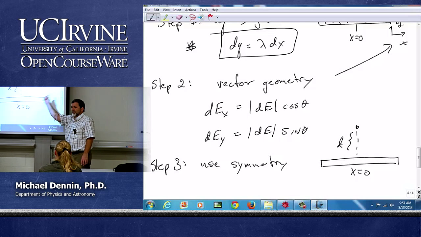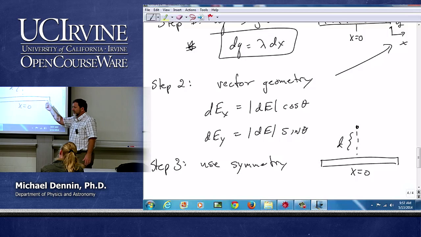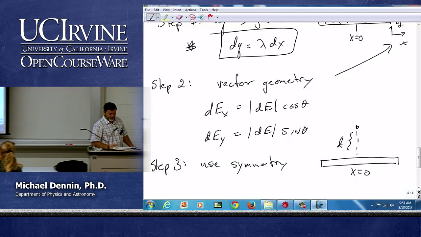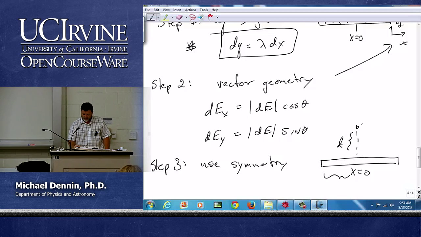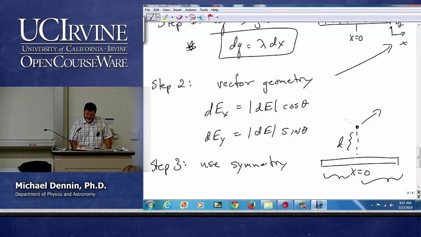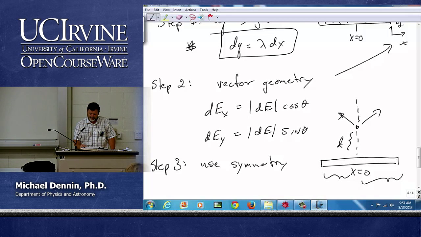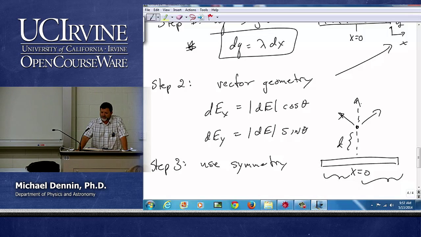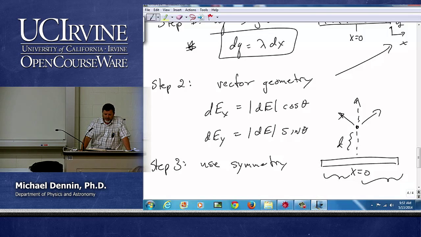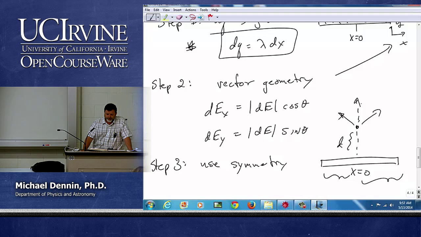It's going to be in the y direction, right? Because the x ones are going to cancel each other. Right? Everything from this side points that way. Everything from this side points that way. And it's symmetric, so I'm going to get just an electric field up in the y direction.